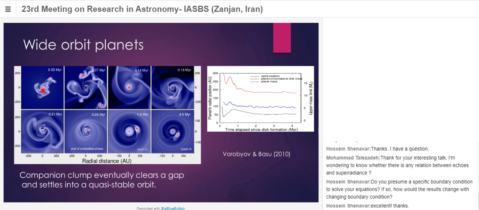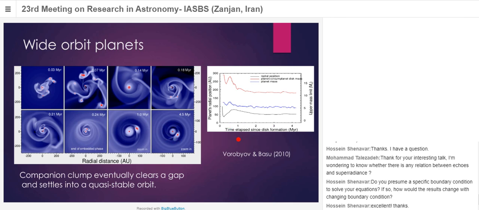And so if you run many realizations, you will see that in some cases, you form the clumps, and most of them do fall into the center. But eventually, one clump can become dominant and large enough that it can carve out a gap in the disk. And if it is successful in carving out a gap, it can actually settle into a stable orbit.